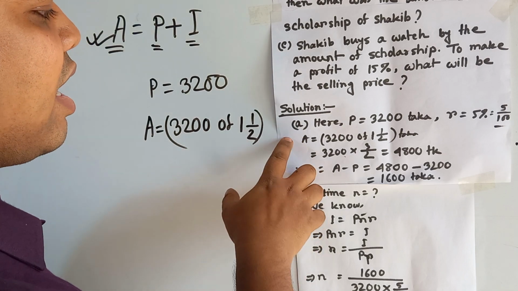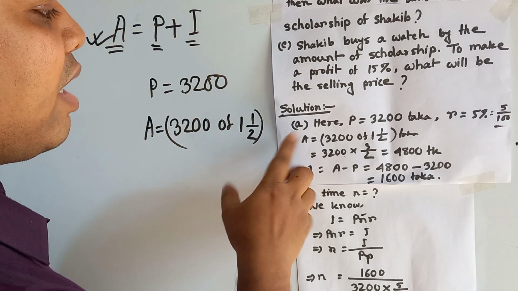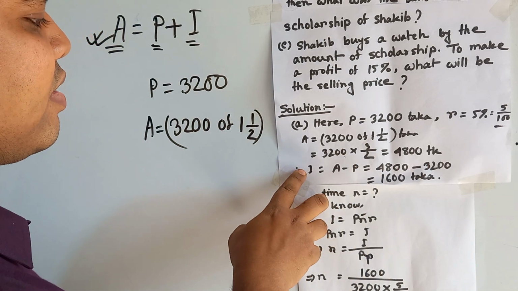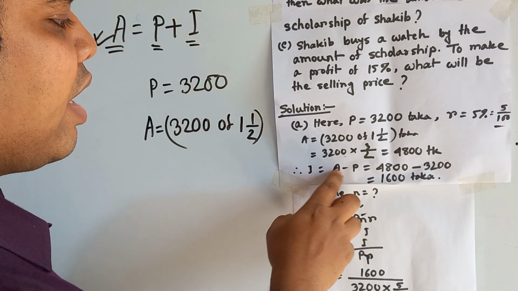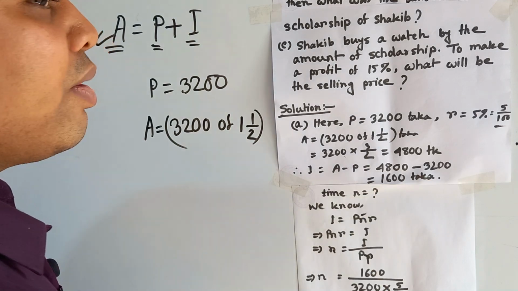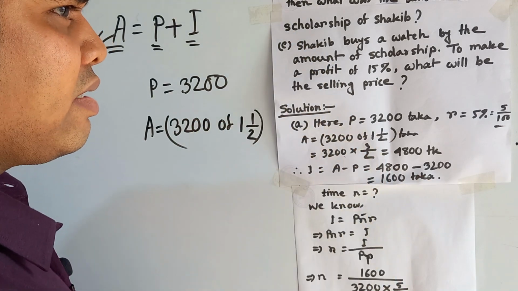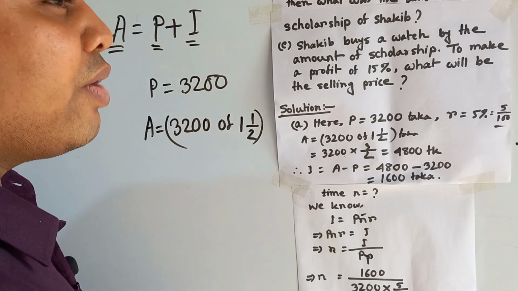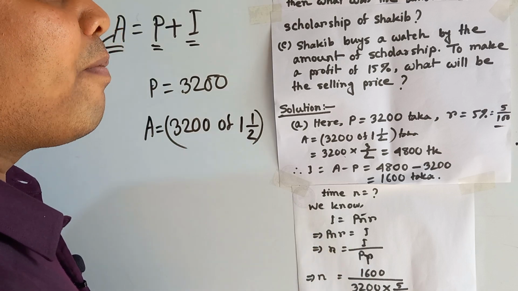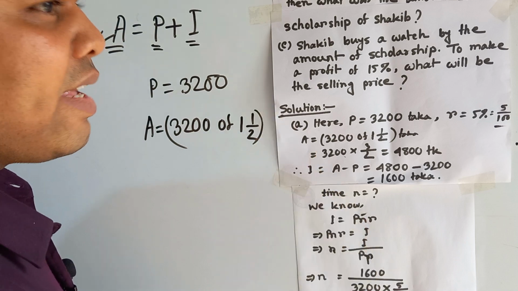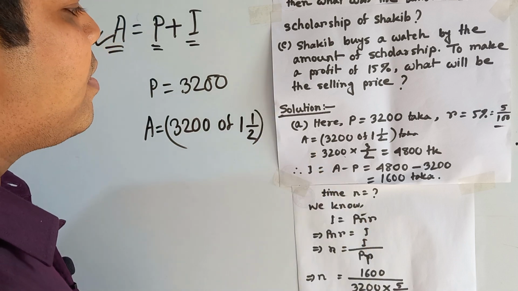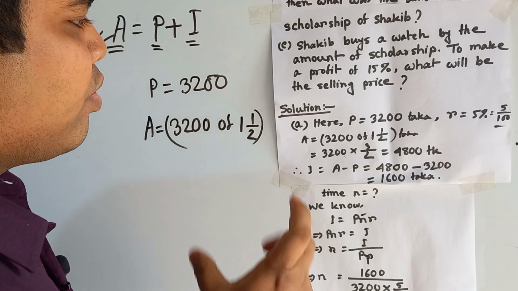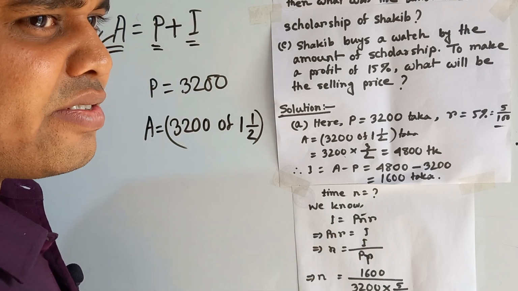And what is A? A means profit principal. You must write profit principal A equal to dash taka. Then what is simple profit? I equal to A minus P. So you do the math in detail. The assignment is done by yourself. An assignment can show your creativity, so you apply your creativity in the assignment section. A good assignment will carry good marks, right?